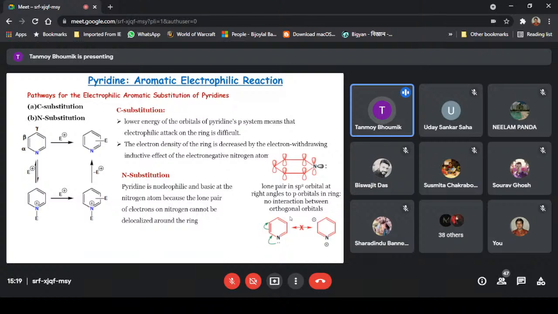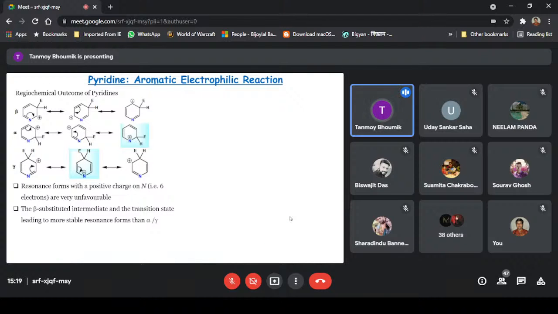Here I am showing the pyridine nucleus: the nitrogen lone pair is not in the plane of the pi system, it is always in the sp2 orbital. So pyridine is a very bad candidate for electrophilic aromatic substitution.